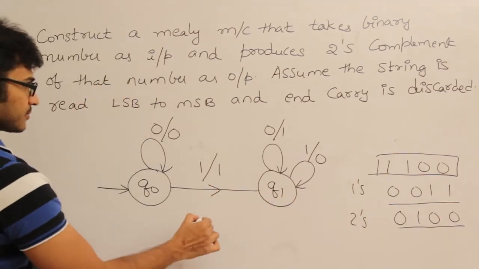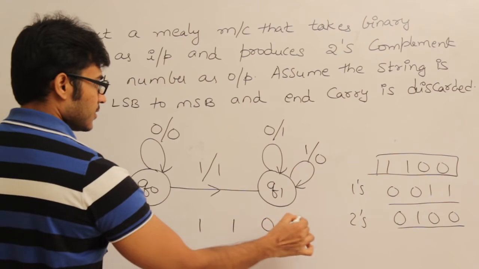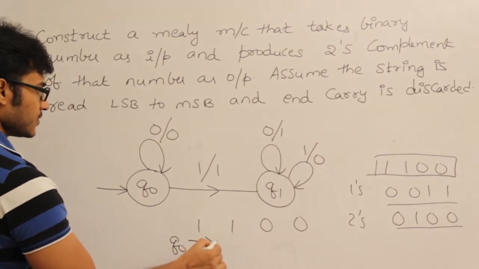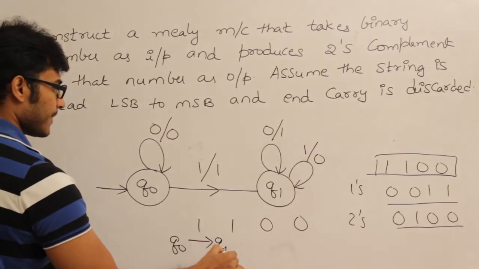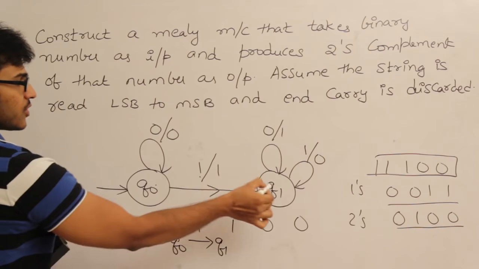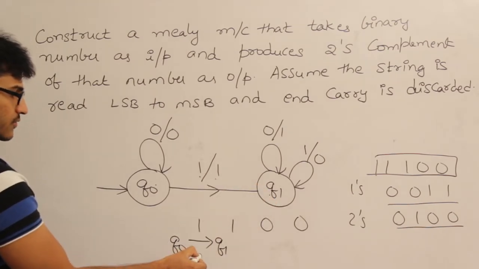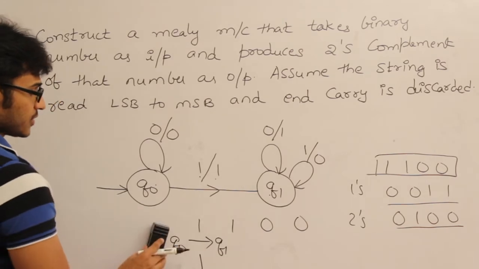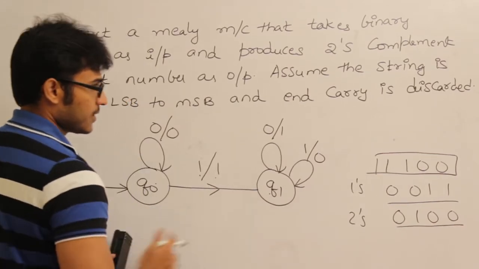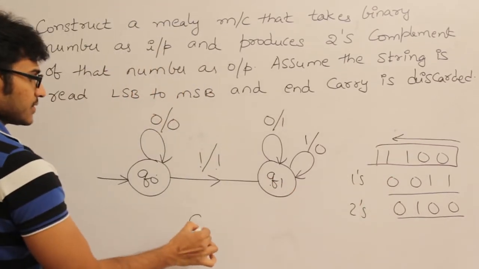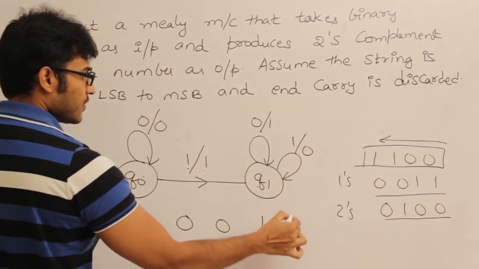See this, 1100. We are supposed to read from the LSB, which means I should write it as 0011.